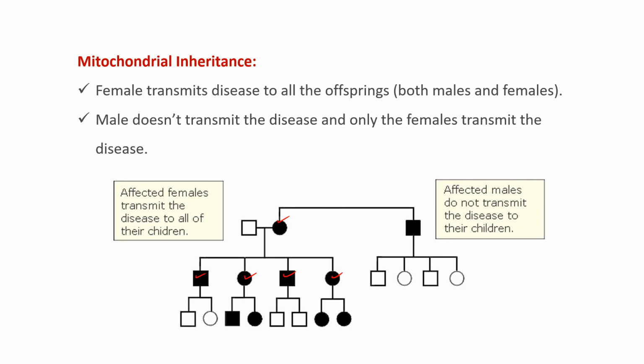And male does not transfer disease and only the female transmit the disease. Here you can see that affected male do not transmit the disease to the children. No one is affected here. Okay. So, male do not transmit the disease to his kids.